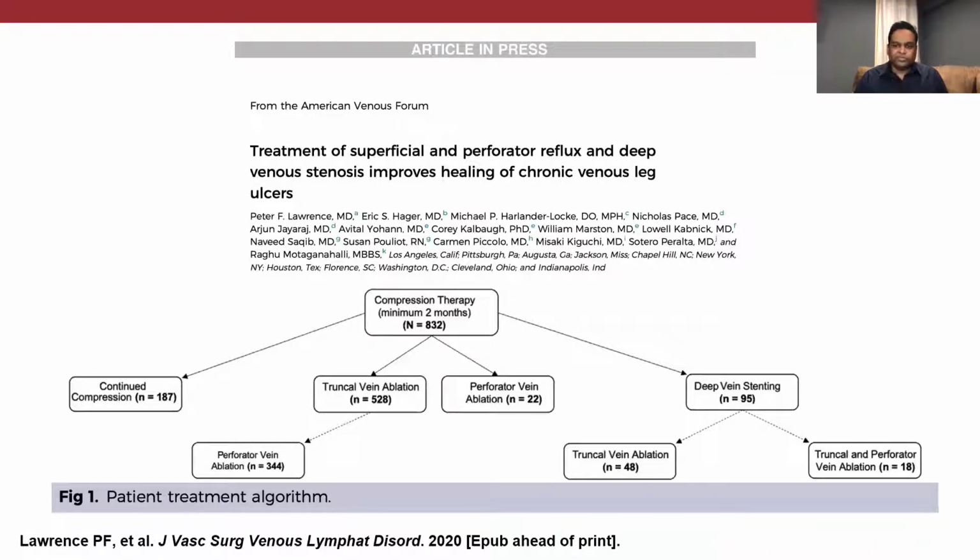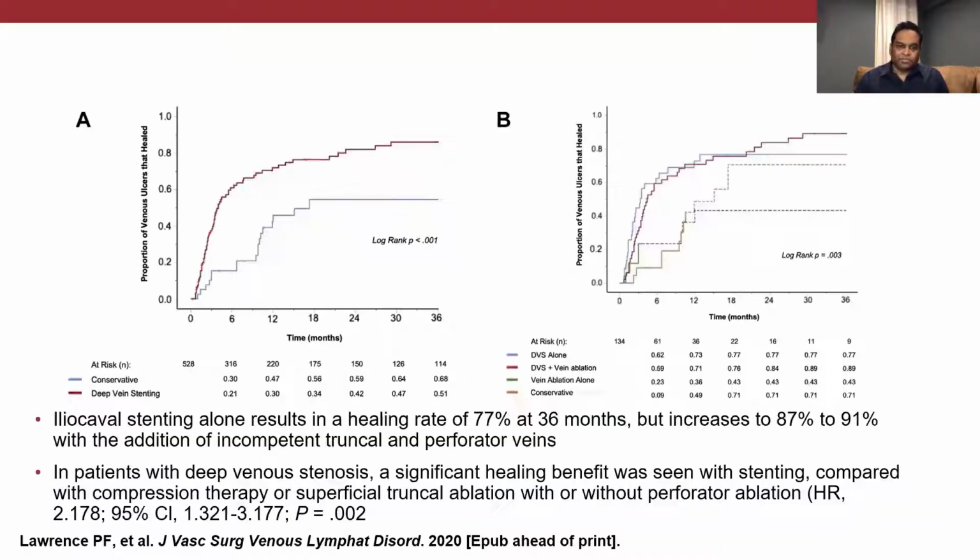When you look at the deep venous stenting patients of this stenting cohort of 95 patients, it is interesting to note that conservative management at 36 months led to approximately 49% improvement or healing in the ulcers, while iliocaval stenting alone resulted in 77% healing at 36 months, an incremental approximately 28% healing.